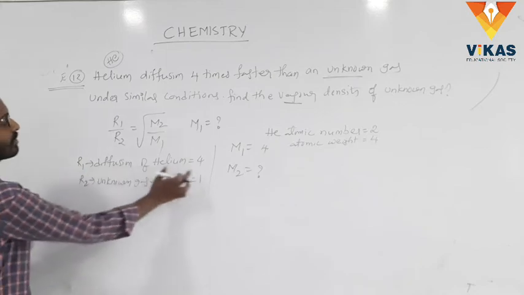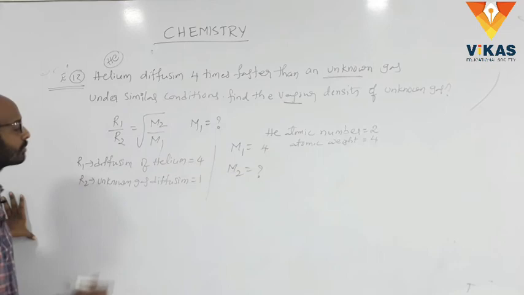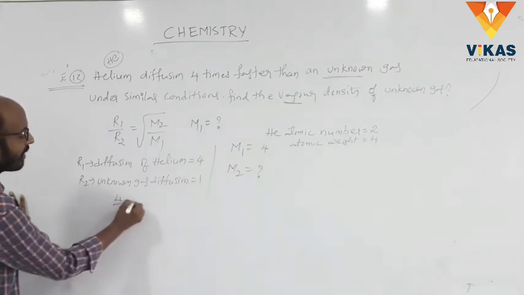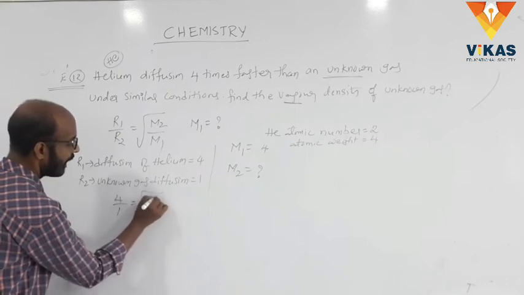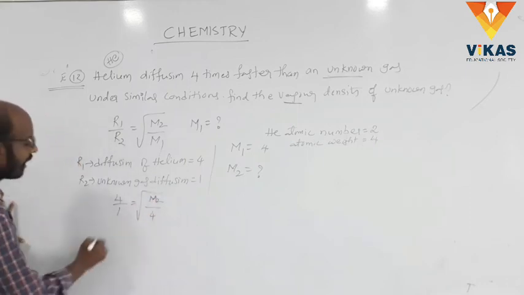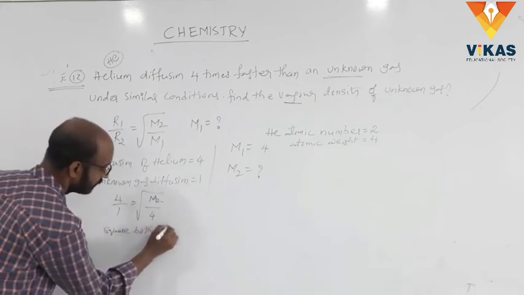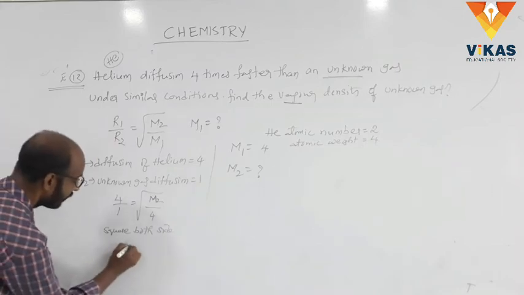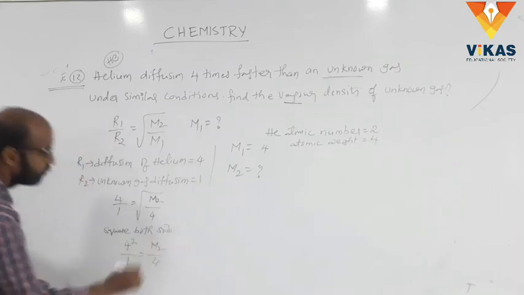R1 is equal to 4, R2 is equal to 1, M1 is equal to 4, M2 is equal to question mark. So 4 by 1 is equal to under root of M2 by 4. Square both sides: 4 square by 1 is equal to M2 by 4.